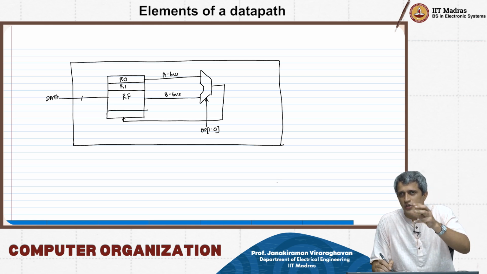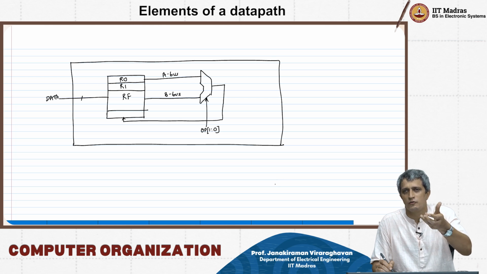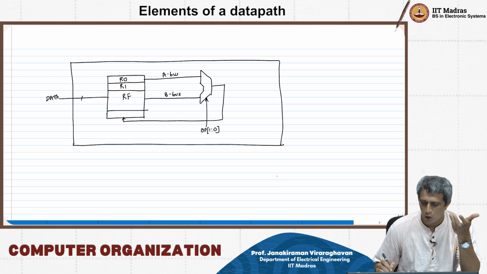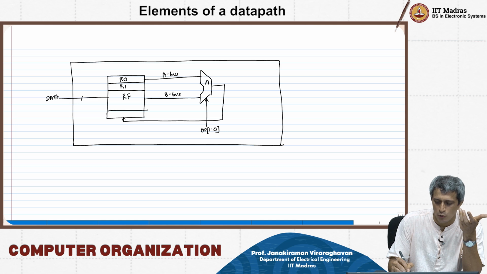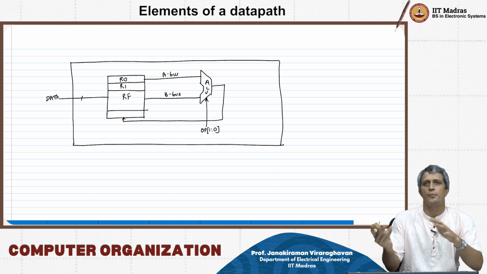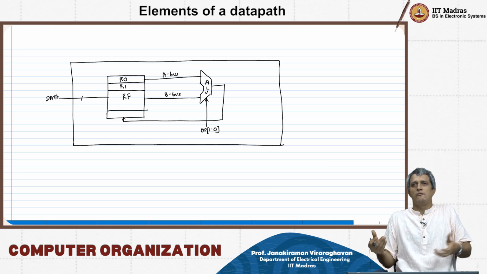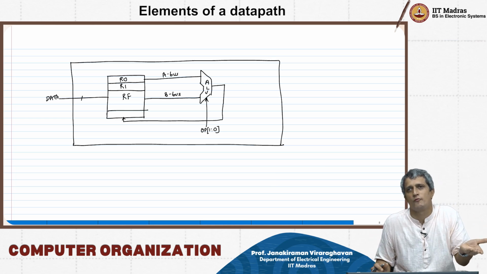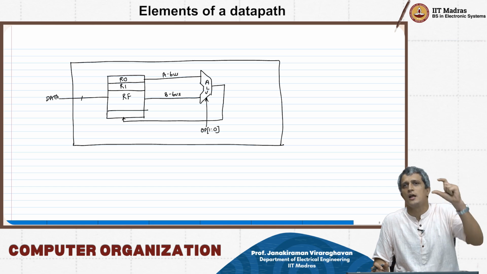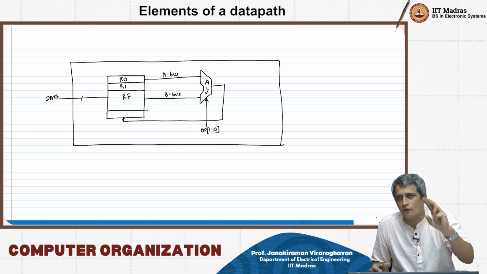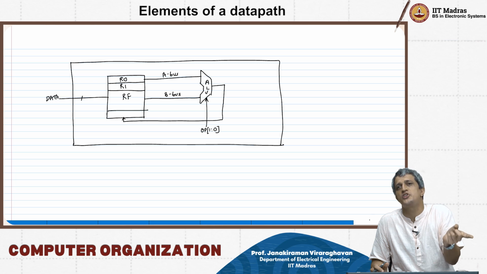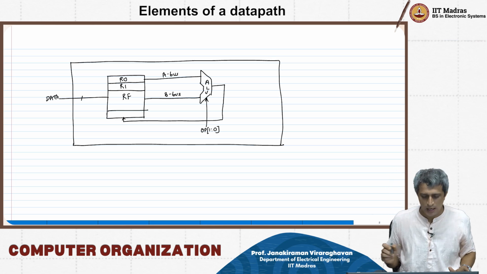In order to do this, I need to tell it which register, or in general when the ALU needs to operate on 2 operands, I need to tell it where this data is going to come from, and therefore I need to tell it the address of the 2 registers from which it has to read.